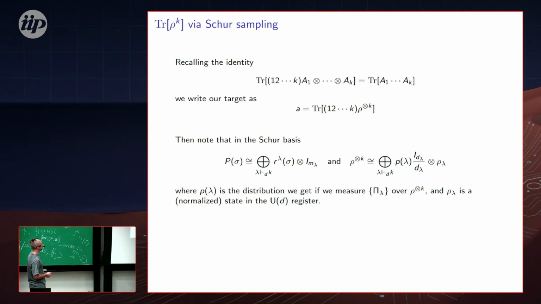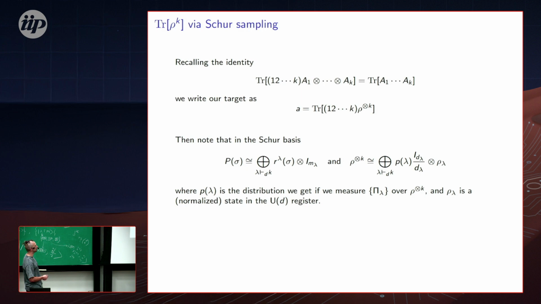In the Schur basis, we know the representation. So I'm not using the p here, but there should be a p. This is a permutation, right? I'm saying it's a unitary because I'm already sending it through the homomorphism p, but implicitly here. Now here I'm explicit. This p of sigma will be irreps tensor multiplicities, as is well known in the Schur basis, and conversely, rho tensor k is permutation invariant.